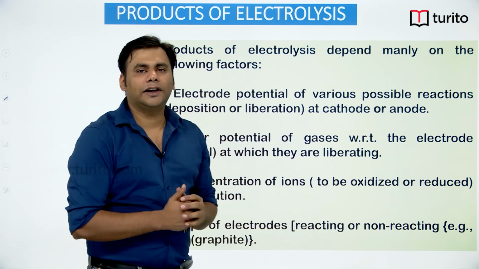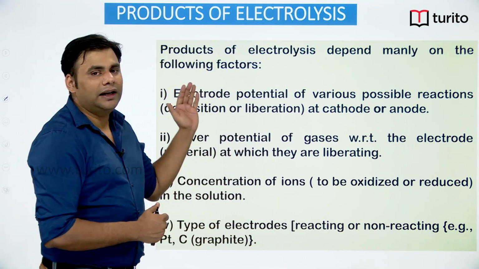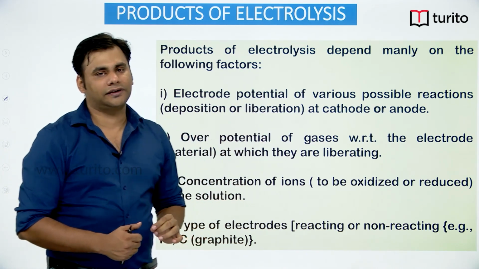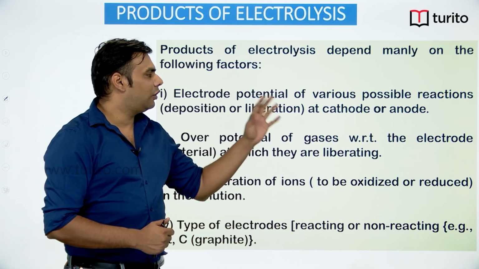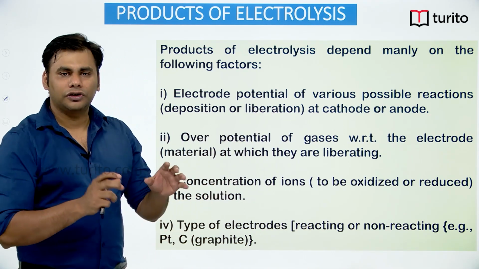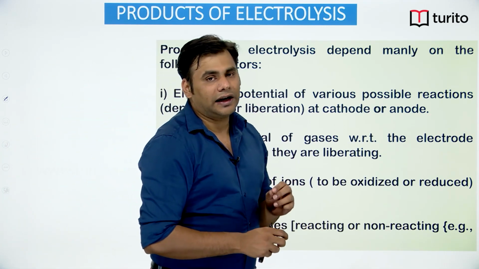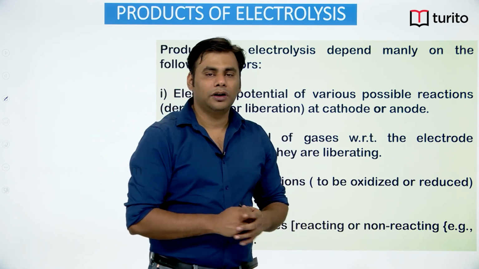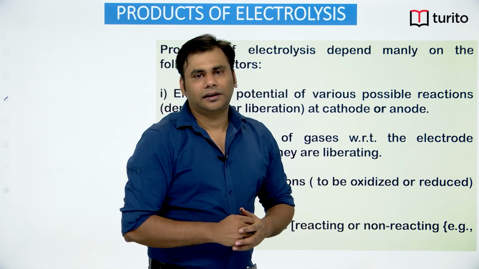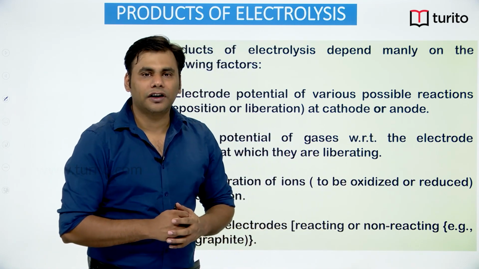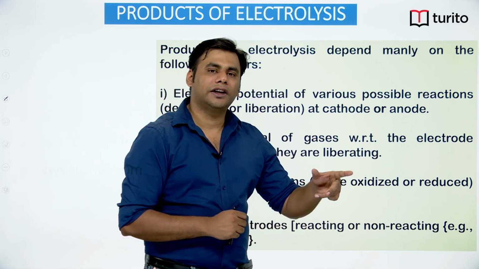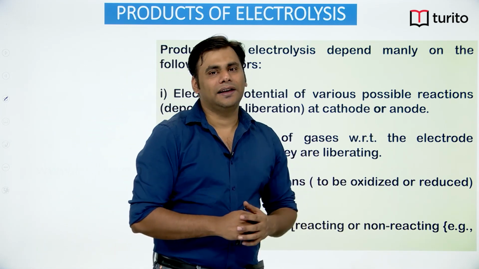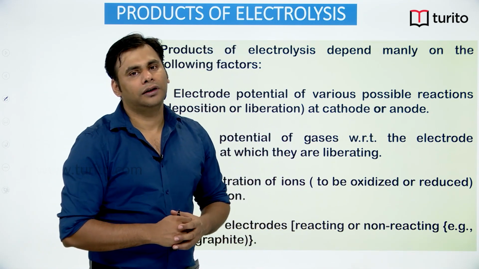The product of the electrolysis mainly depends on the following factors. The first one is the electrode potential of various reactions, deposition or liberation at cathode and anode. If two cations are competing to get deposited at the cathode, then that cation would deposit first which has more positive reduction potential, or less negative reduction potential, out of the two.